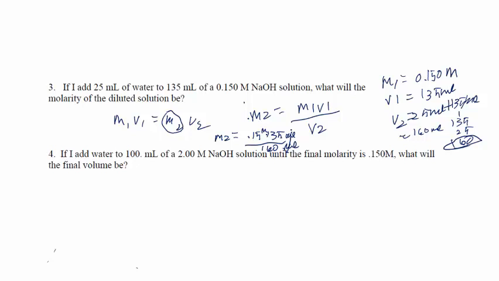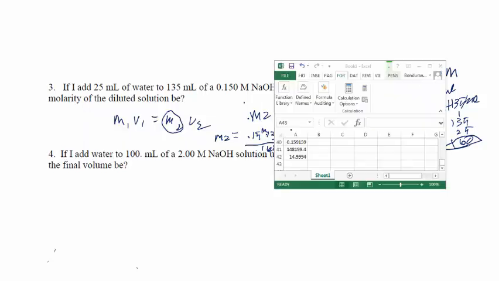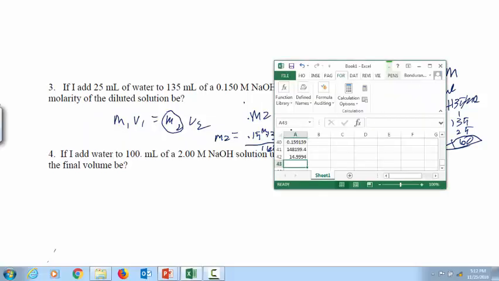So what is M2? We've got 0.15 times 135 over 160, and you have 0.126, which is slight dilution. It makes sense.